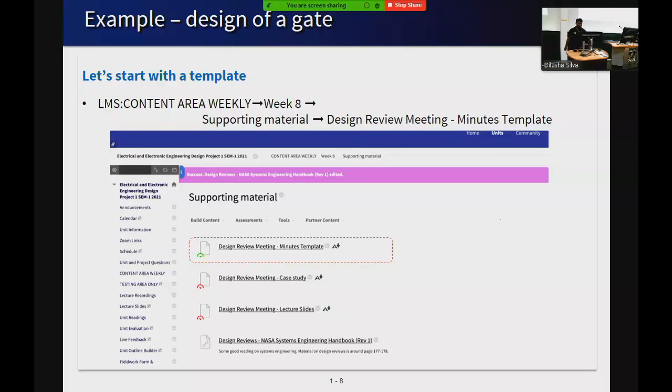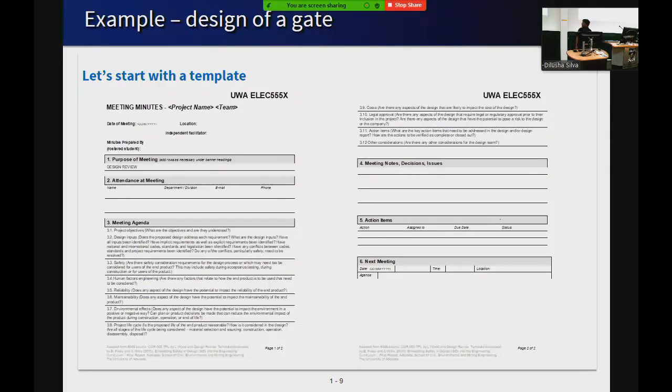All right, so I'm hoping people have that up. So that's what it looks like. The text is a little bit small on here. Hope people can see it. Having the document in front of you makes life a little bit easier because of the resolution of this screen. Now this is the template you'll be using during your design review meetings. And you'll be going through this step by step, analyzing your design.